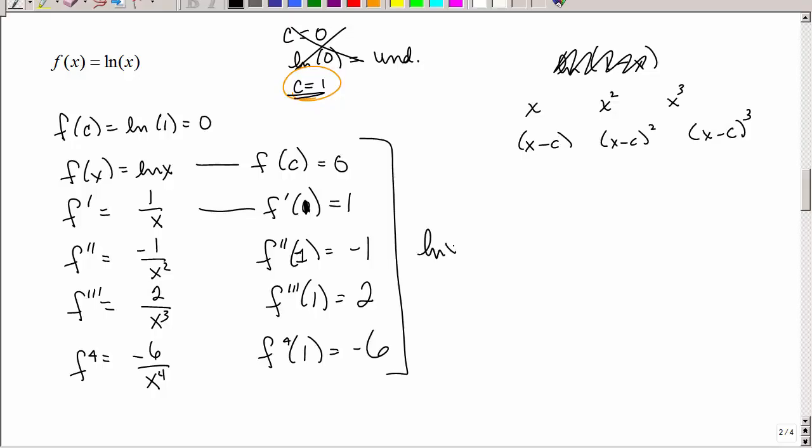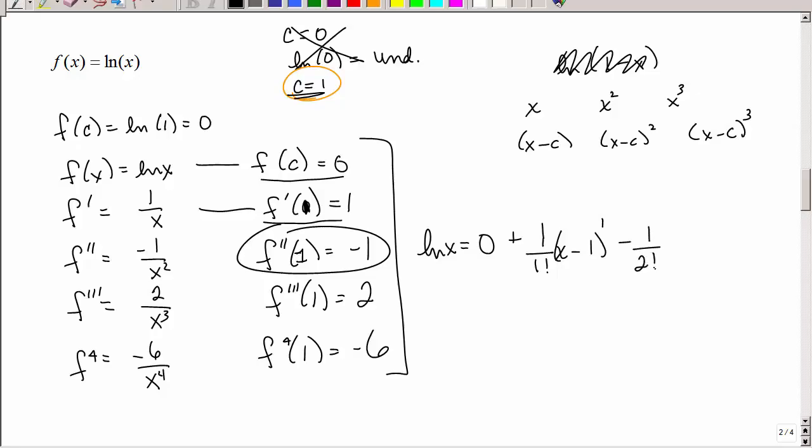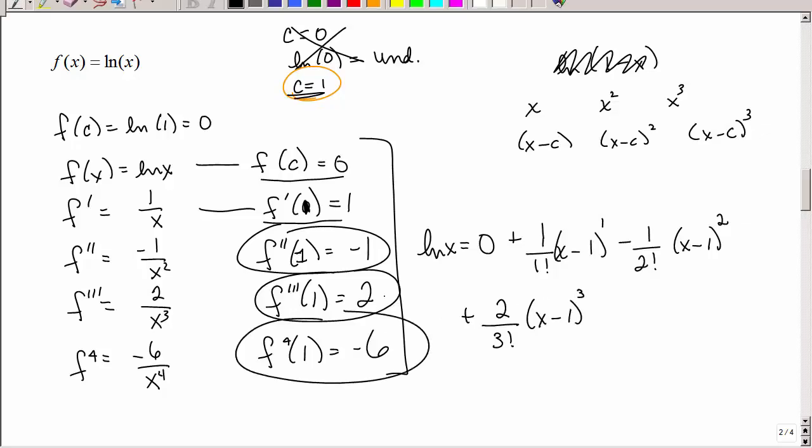That's all right. So the natural log of x is our function evaluated at c, which is 0, plus our derivative over 1 factorial times x minus c to the first power, plus our second derivative, so that's minus 1 over 2 factorial x minus c squared, plus our third derivative over 3 factorial, then our fourth derivative over 4 factorial, oops, that's still a 1, keep going.